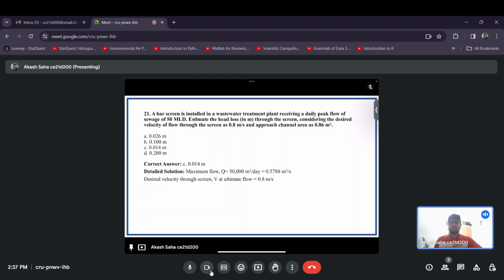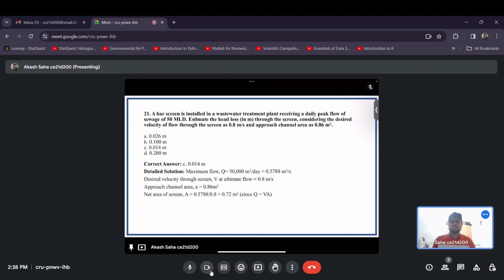Then the velocity through the screen, that is capital V, is given as 0.8. So one of the velocities we have got, capital V. Now we have to calculate the small v. How will we calculate? The approach channel area A is given as 0.86 meters square. And what will be my net area of the screen?